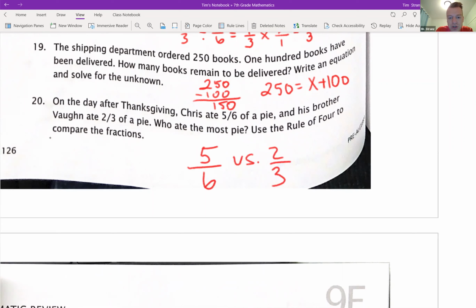In order to do this, you just multiply this denominator by this numerator, and we get 12. 6 times 2 is 12. We take this denominator, multiply it by this numerator, and we get 15. Which number is bigger, 15 or 12? 15 is. So the fraction 5/6 is going to be bigger than 2/3. So Chris ate more pie than Vaughn did.